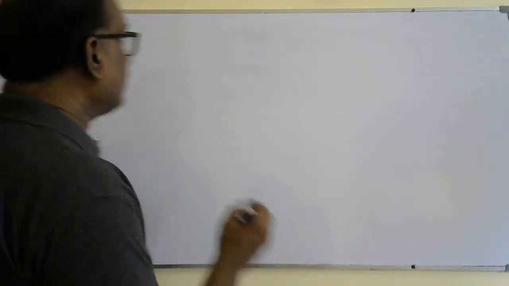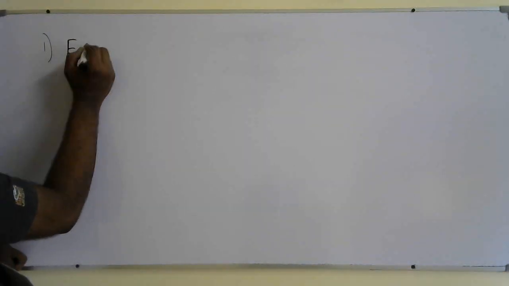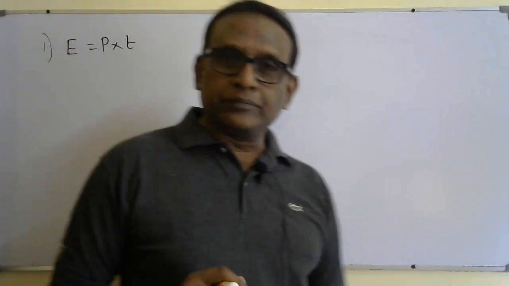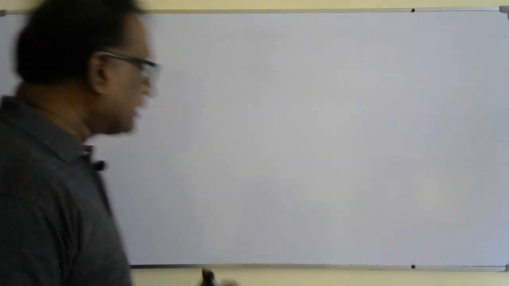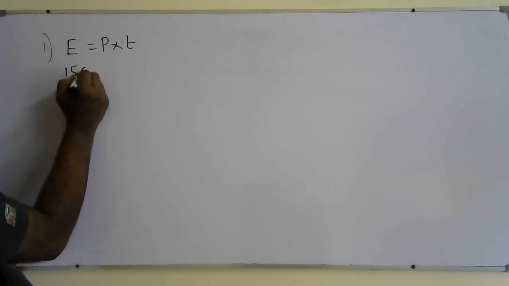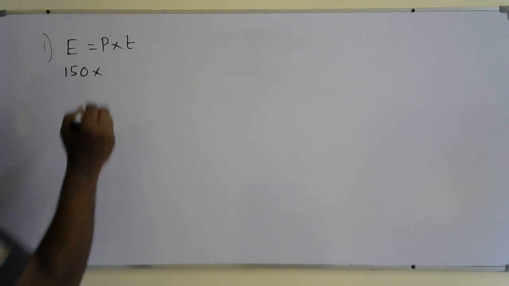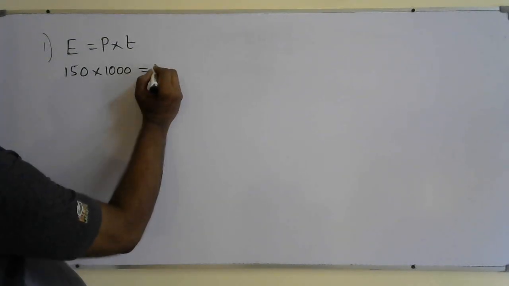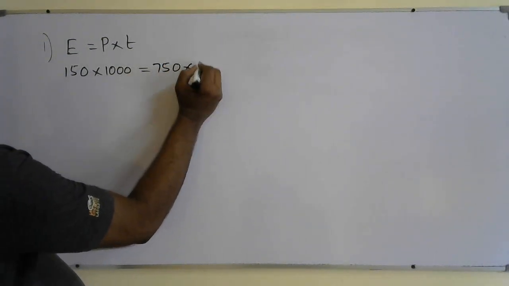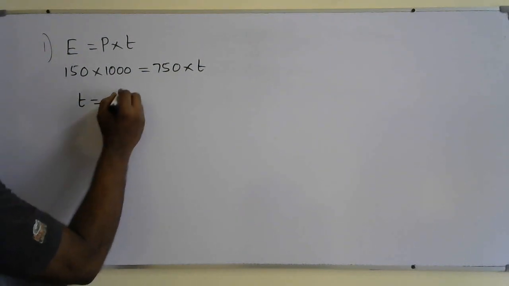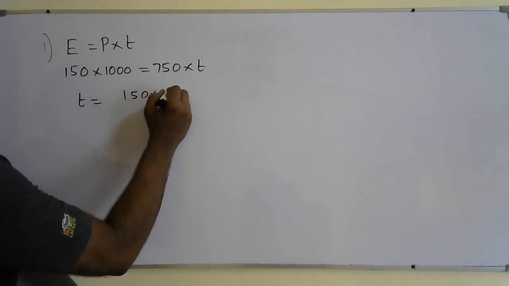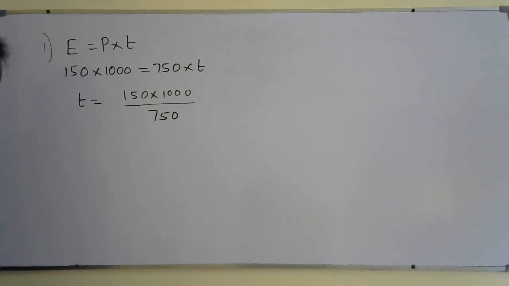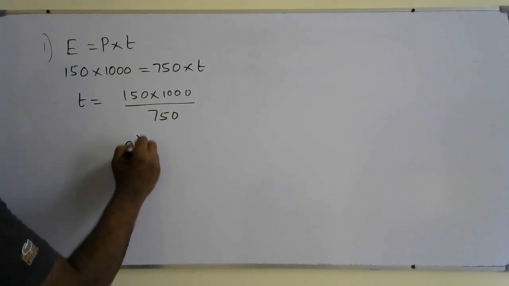You know the equation: energy is equal to power times time, or power equals energy divided by time. Energy is 150 kilojoules, which converted to joules is multiplied by 1000. Power is 750 watts. So t will be equal to 150 times 1000 divided by 750. So that expression is given by answer C.